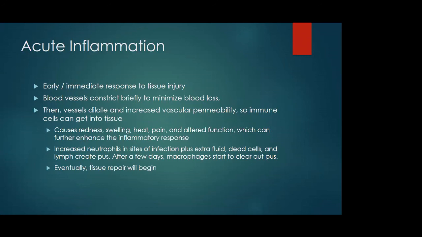Okay, when this happens, this is when you get redness, swelling, heat, pain, which can further enhance the inflammatory response. This increases the neutrophils in the sites of infection, plus lots of extra fluid. So you get lots of pus. After a few days, your macrophages will actually start clearing out the pus. And eventually tissue repair will begin.